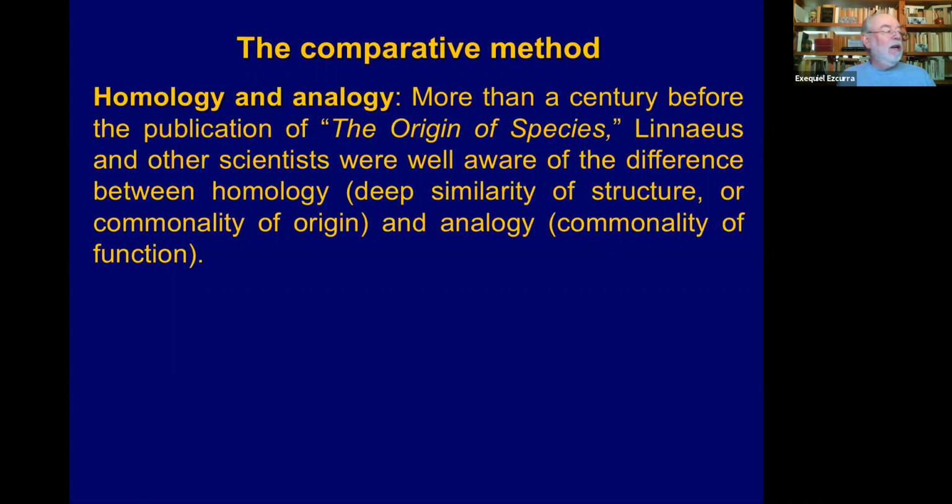They had a commonality of function. They had the same function, but not the same origin. Now, if you make a careful dissection of the wing of a bat, you will see that it has the same humerus, the same radius, the same phalanxes that the arm of a human being has, or the front fin of a whale has.